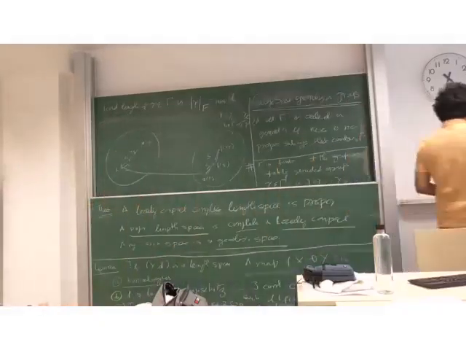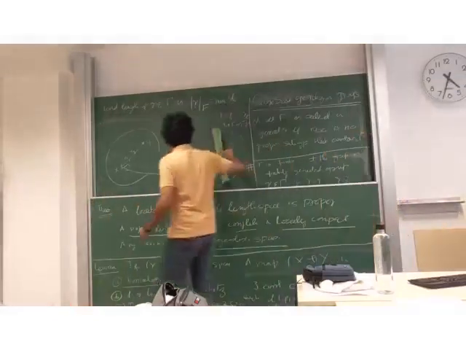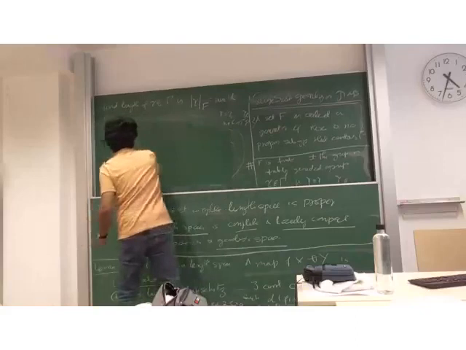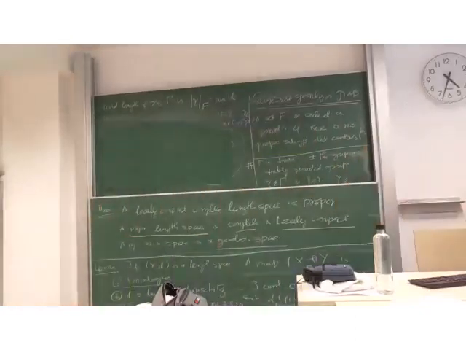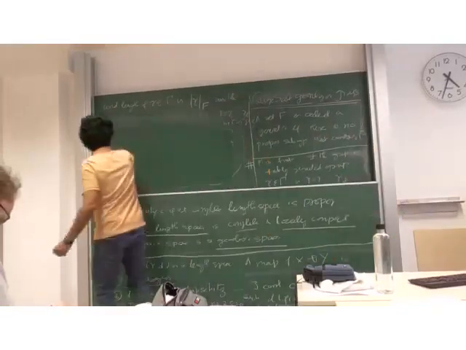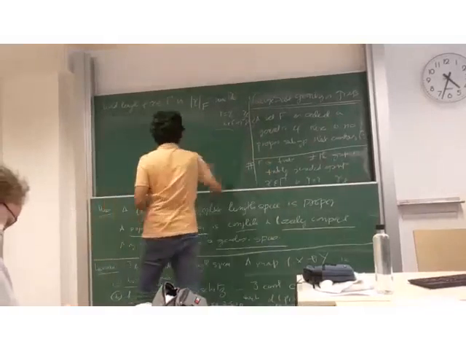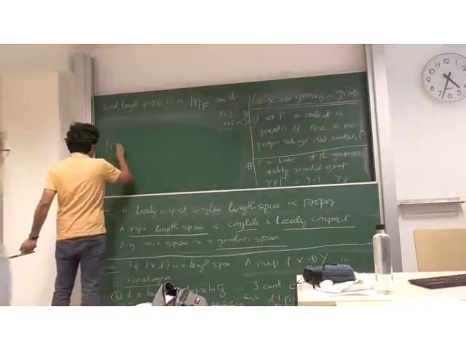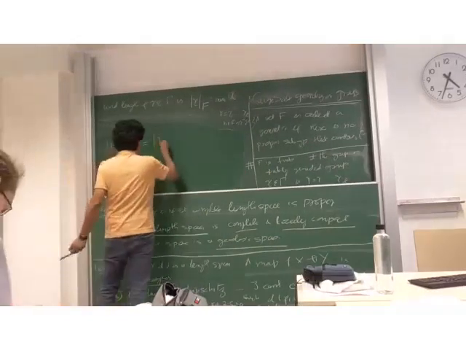And what this word length gives you immediately, more or less without much effort, is a distance function, a metric. So once you have that, you can define d of gamma 1, gamma 2 equals the word length of gamma 1 inverse gamma 2.